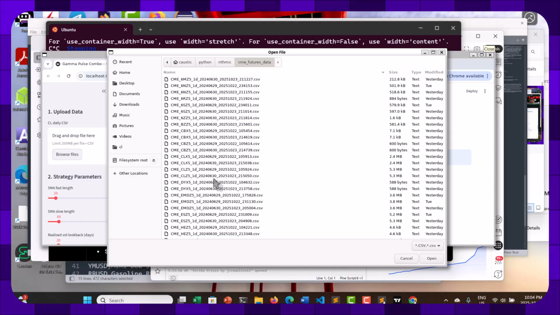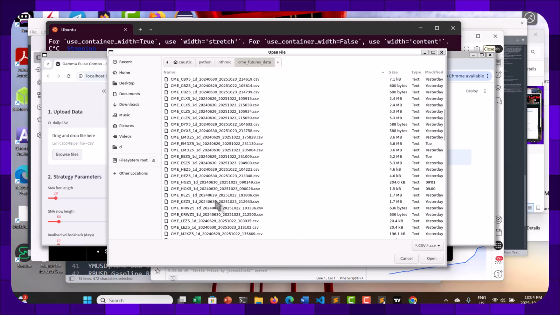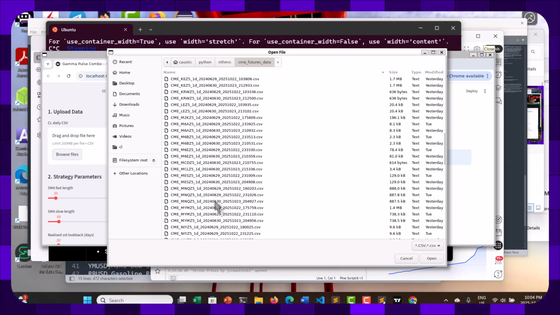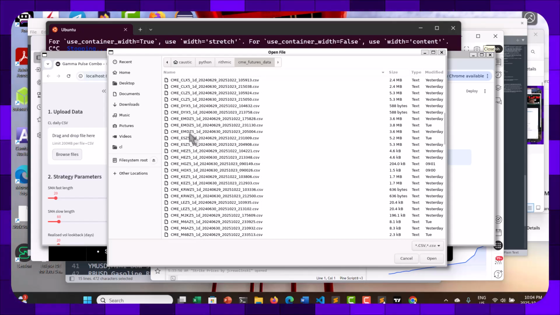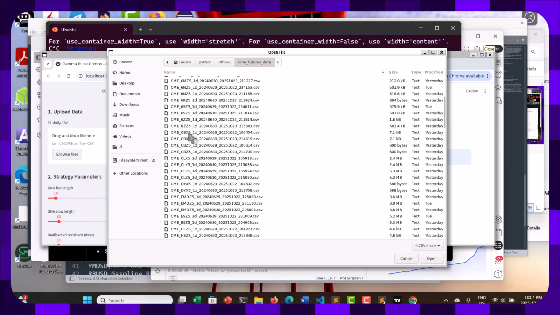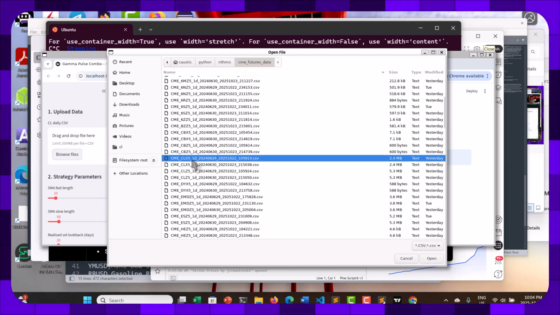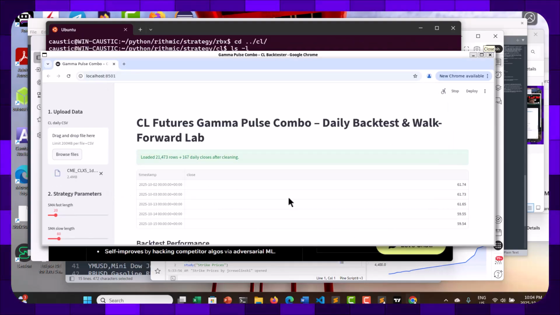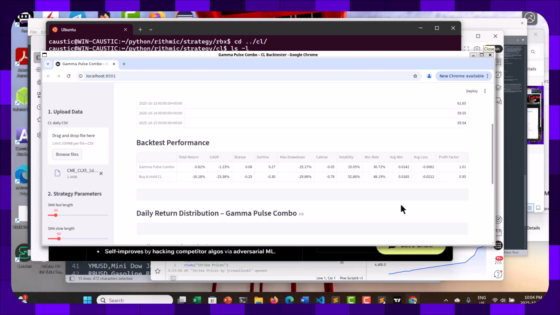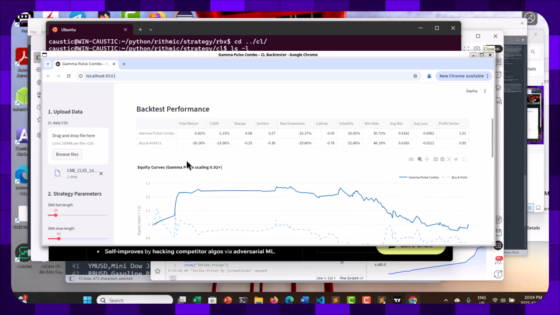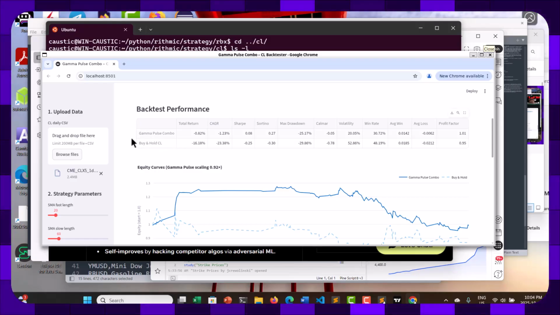So I'm going to show you the 4 different CL futures files, import CSV. So the first one we can look at is this one right here. Okay. So in here, we have this AI result built out.